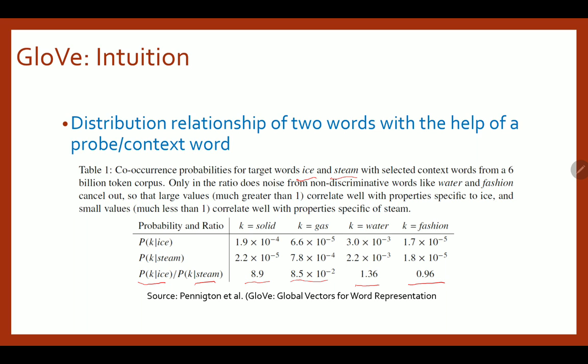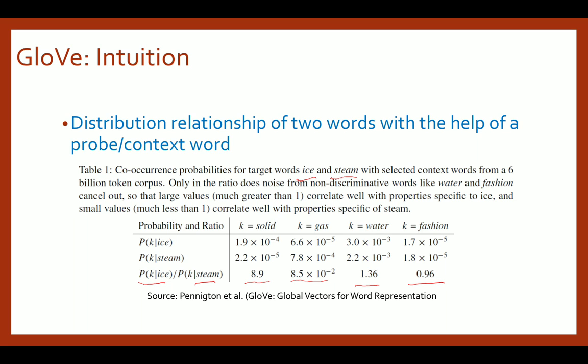So what we see is that with this ratio we are able to discriminate between these two target words by looking at the context word.